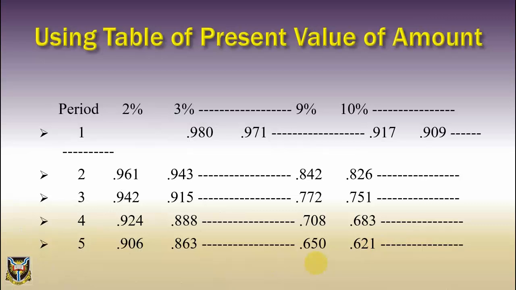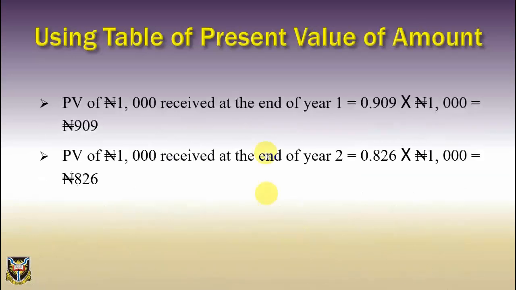PV of 1,000 naira received at the end of year 1 is equal to 0.909 times 1,000 naira, which is equal to 909 naira. PV of 1,000 naira received at the end of year 2 is equal to 0.826 times 1,000 naira, which is equal to 826 naira.